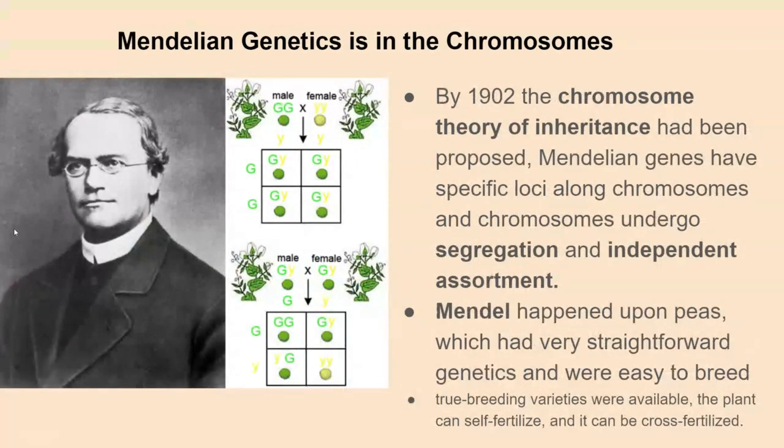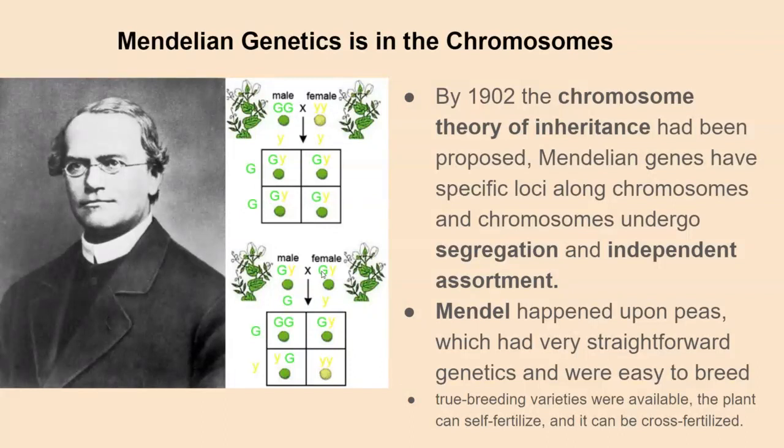Here is a portrait of Gregor Mendel, and he is famous for studying pea plants. He just kind of happened upon the pea plant, but it was really, really lucky because the pea plant has several things going for it. Not only are there true breeding varieties, meaning varieties that if I cross them with themselves, I know are going to have the same reliable trait over and over again, but it also is a plant that can fertilize and reproduce very quickly.